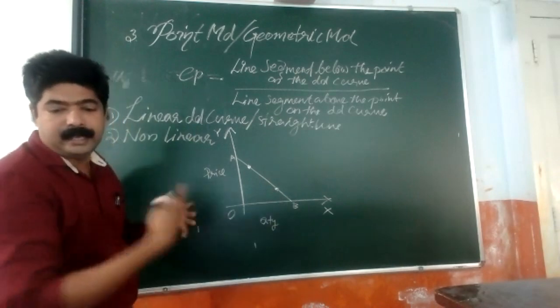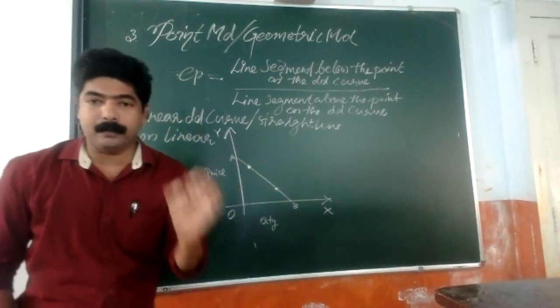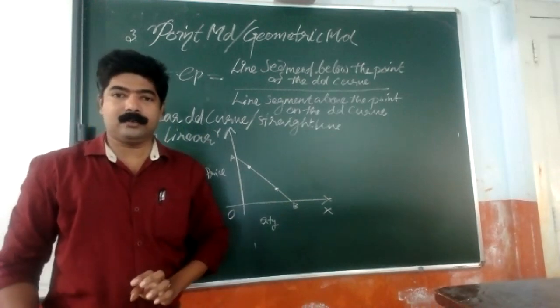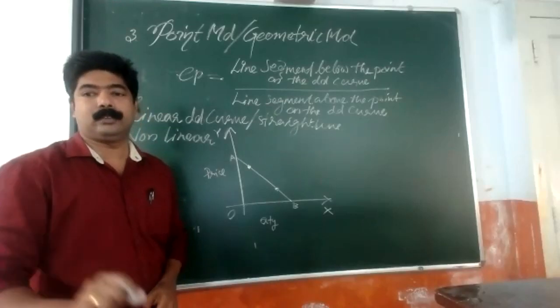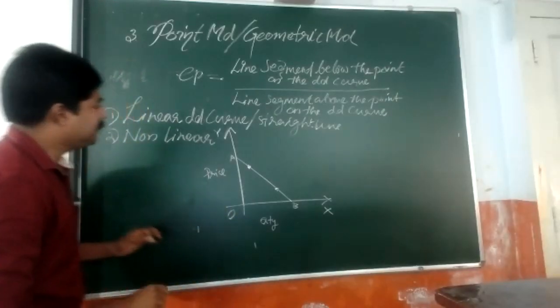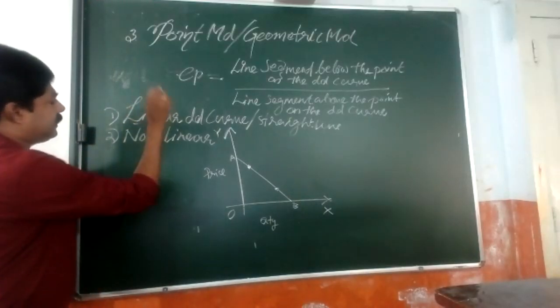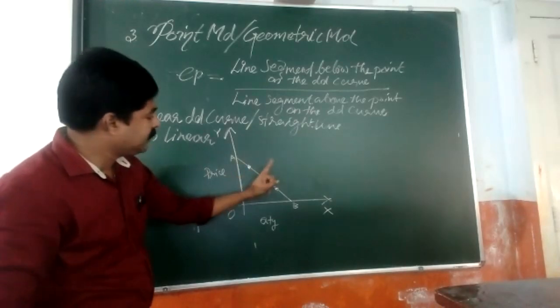I can use another point. Wherever you want, you can make a particular point and you are asked to calculate the price elasticity of demand at that particular point. So when we use that method using a linear, straight line demand curve, how can we calculate this?